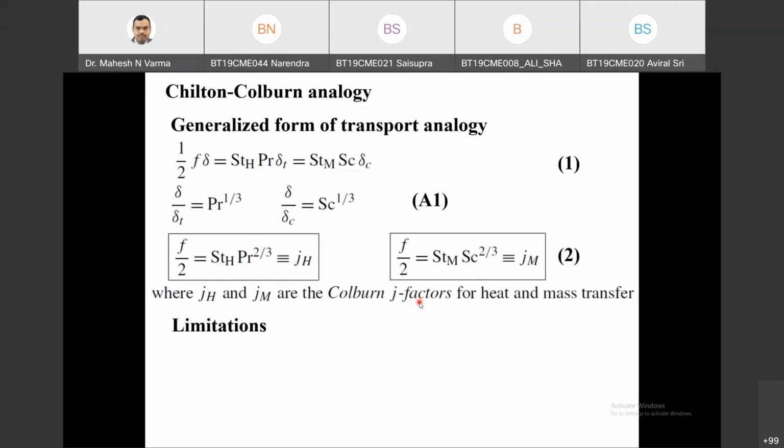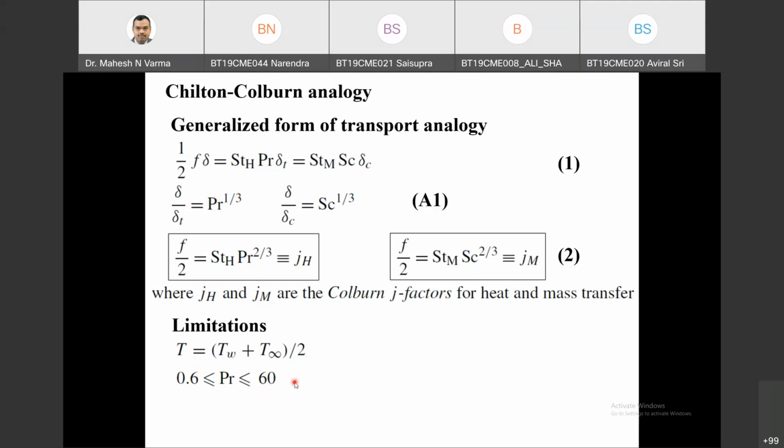So the limitation: he observed this with all properties estimated at average temperature. Secondly, the Prandtl number should be between 0.6 to 60. So this analogy holds good for gases and also for liquids.